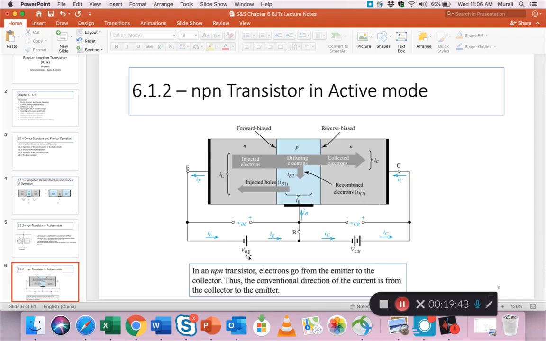Now there's capital VBE and small vBE. They are two different things. In most cases they are almost the same, but there's a slight difference. Remember, one is a battery voltage, while the other is the actual voltage across the semiconductor junction, the PN junction.